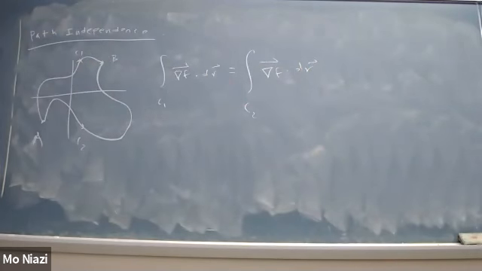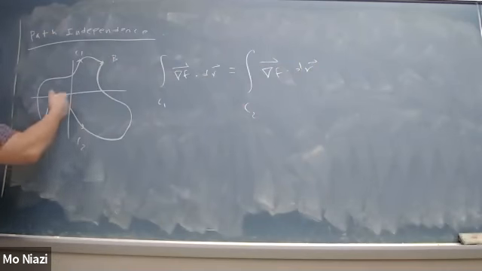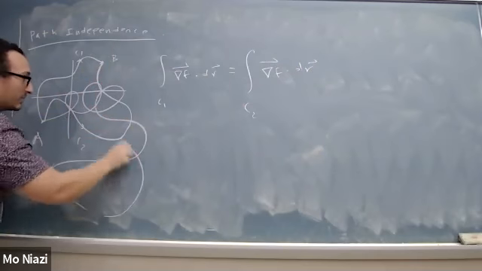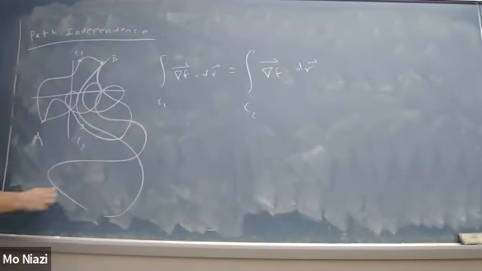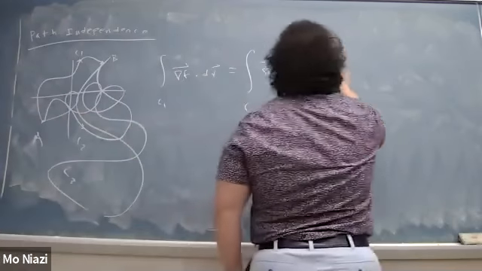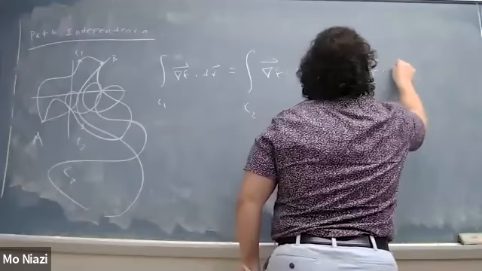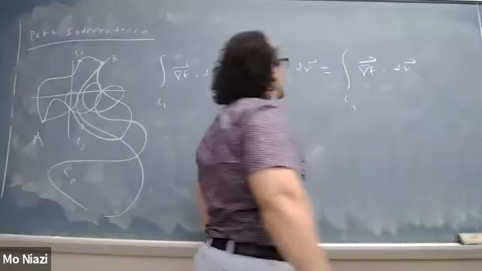Meaning the only thing that contributes to the value of the line integral is the value here at A and the value here at B. It doesn't matter whatever path you take. I could have taken this path, path C3. In a conservative vector field, even this will hold true.